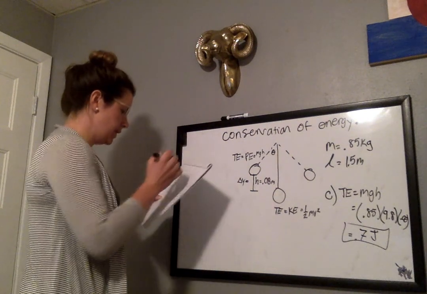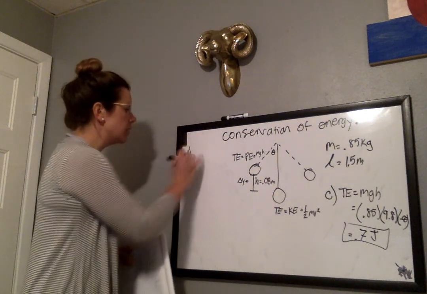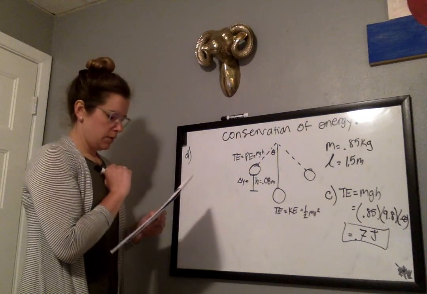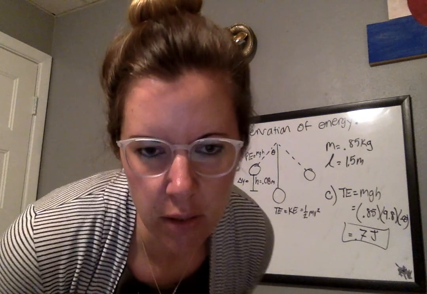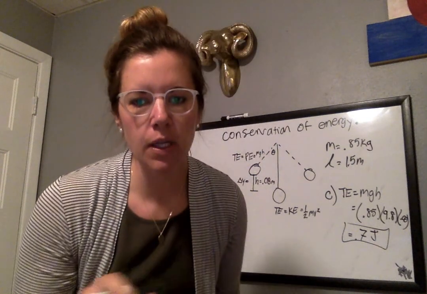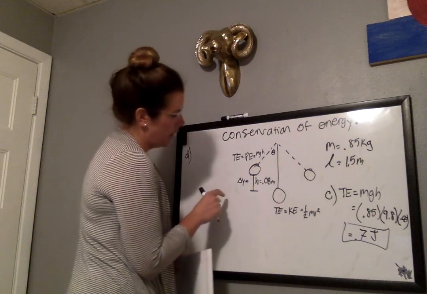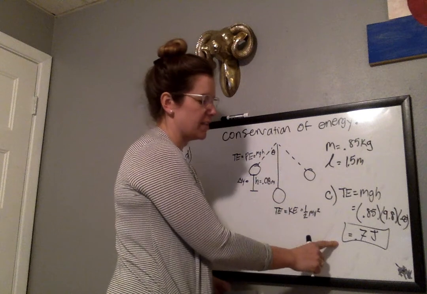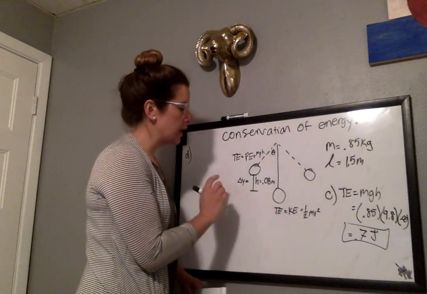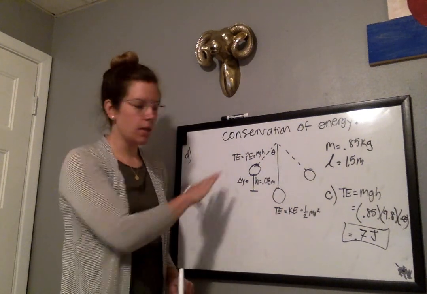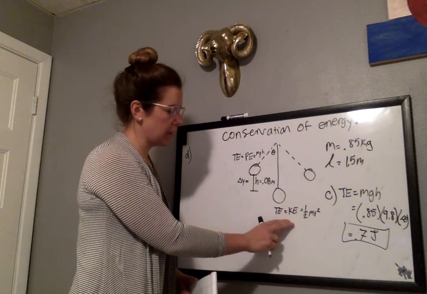All right, part D. You need to find the height. Determine the height at which the potential and the kinetic energies are equal. So I know that the total energy is 0.7. I know that the only types of energy in this problem are potential energy and kinetic energy.